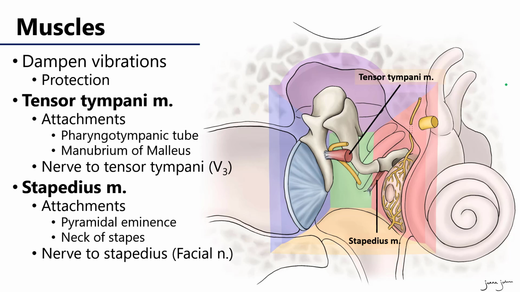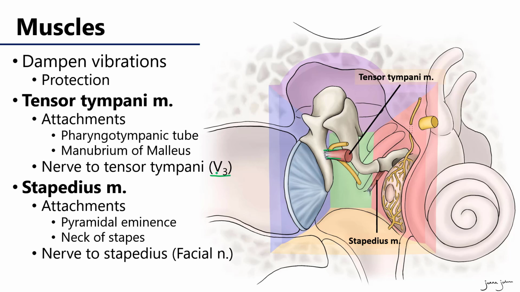The tensor tympani muscle is contained within a canal that comes through the anterior wall of the cavity, and its tendon is going to cross the tympanic cavity proper and insert upon the manubrium of the malleus. It is innervated by the nerve to tensor tympani, which is a branch of V3.